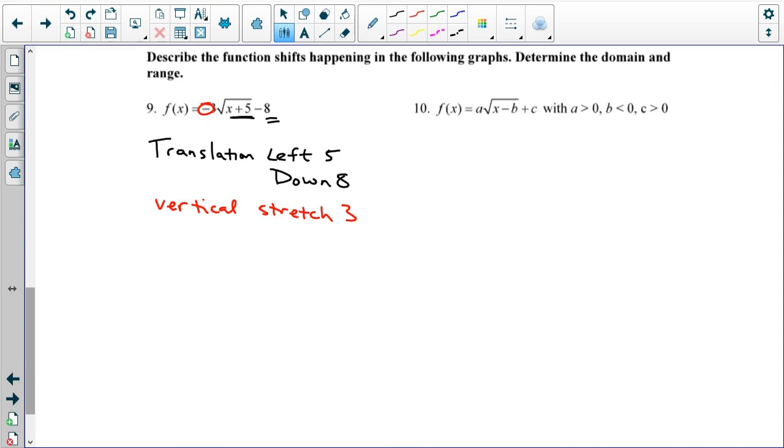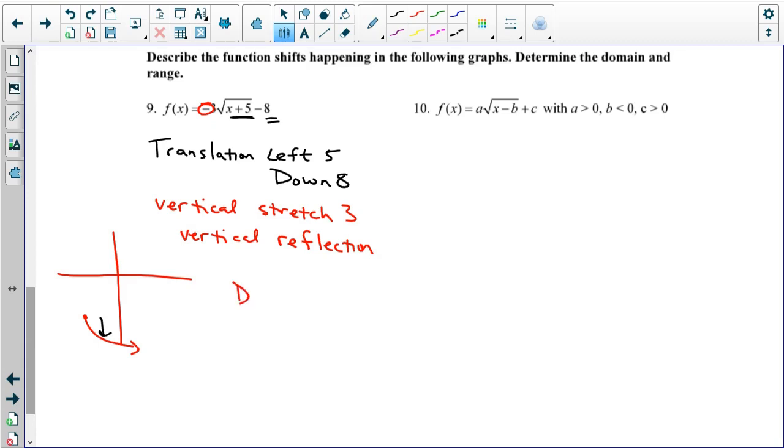And then because I have a negative in front, that means that I have a vertical reflection also. So if I sketched a graph, it would be left 5, down 8, and then it looks something like this because it flips and the stretch is 3. So it's going to be stretched vertically more than normal.